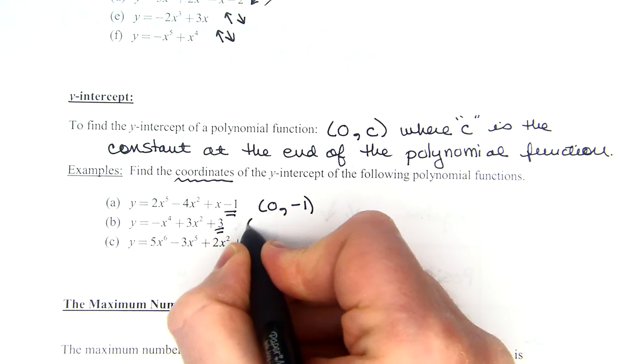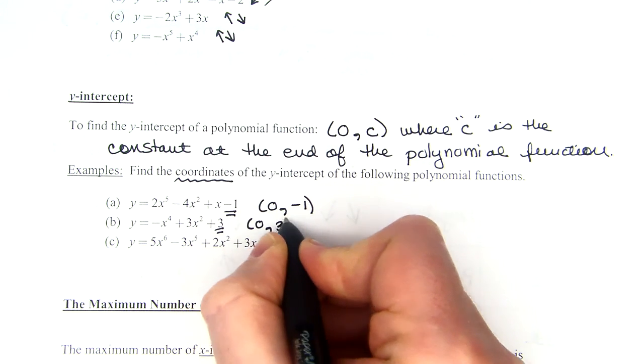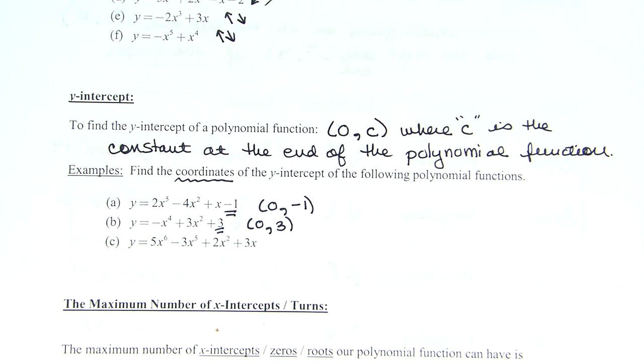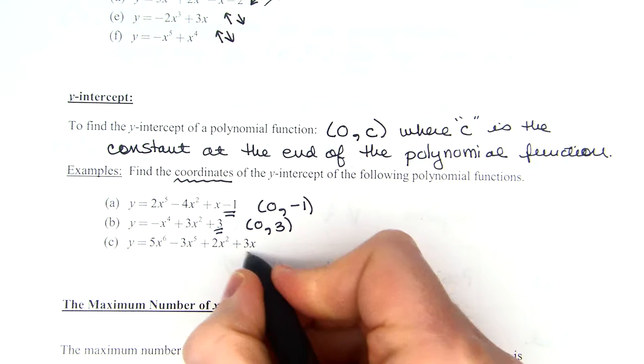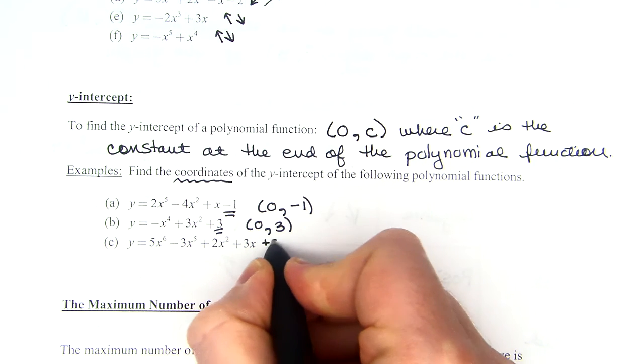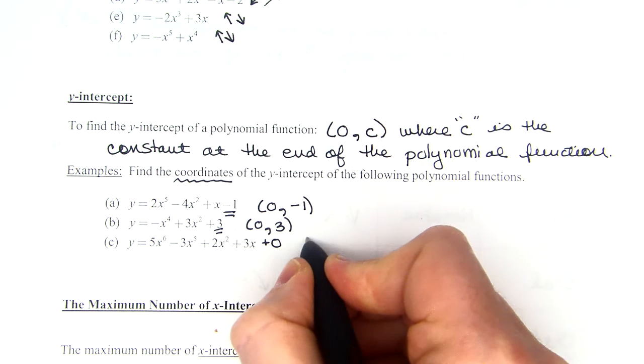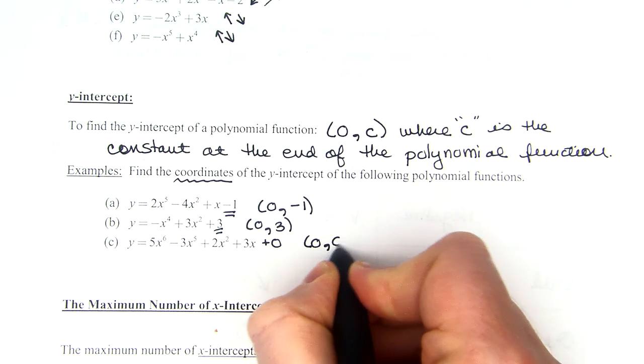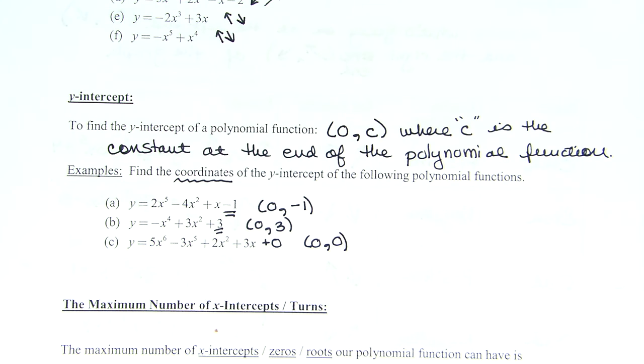Number at the end is 3, so my coordinates are (0, 3). What are the coordinates of the y-intercept in C? There's no constant at the end, which means the constant at the end is really like a 0. So I'm going to say (0, 0).